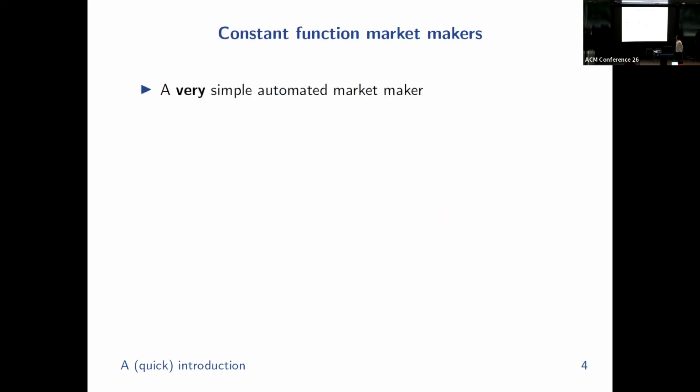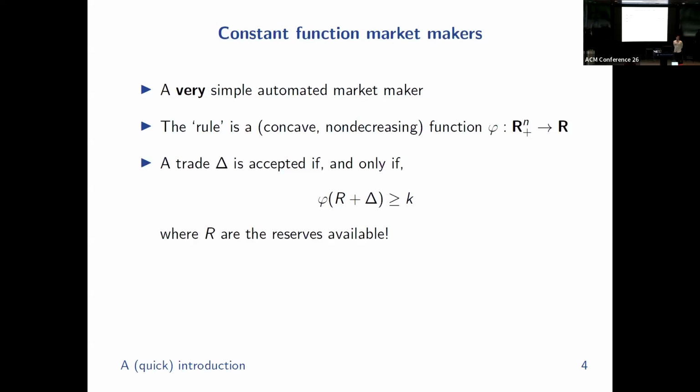Okay, so constant function market makers are possibly the simplest non-trivial automated market maker you can think of. In this case, there is some rule we call a trading function, which is simply a function that maps the non-negative real n-vectors to a real number. In our case, this will be a concave, non-decreasing function, although we can relax assumptions considerably.